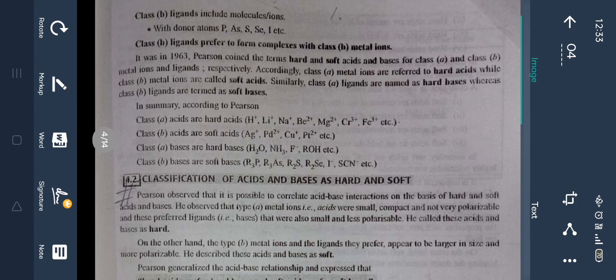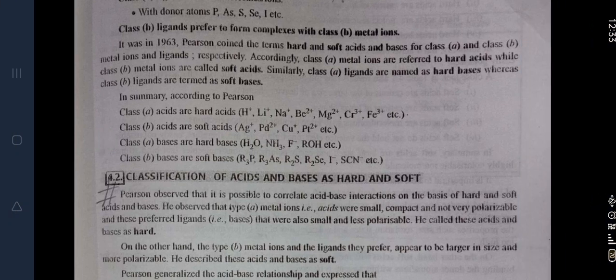In 1963 Pearson coined the terms acids and bases for class A and class B metal ions and ligands respectively. According to him, class A metal ions are referred to as hard acids, while class B metal ions are referred to as soft acids. Similarly, class A ligands are named as hard bases, whereas class B ligands are termed as soft bases.